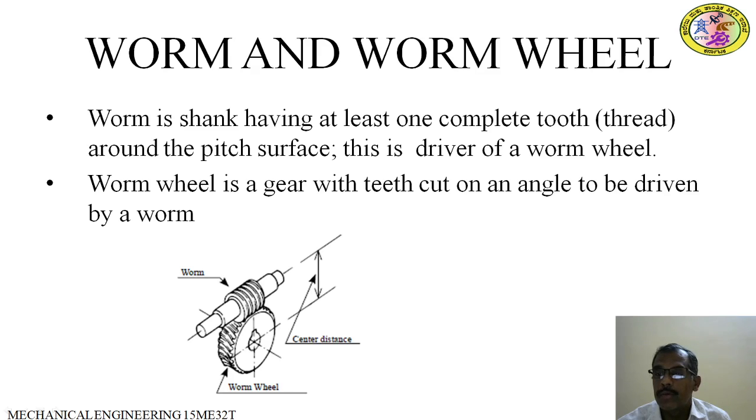This is the driver of the worm wheel. The worm is always the driver, whereas the worm wheel is a gear with the teeth cut at an angle, driven by the worm. So this is the driver and the worm wheel is the driven.